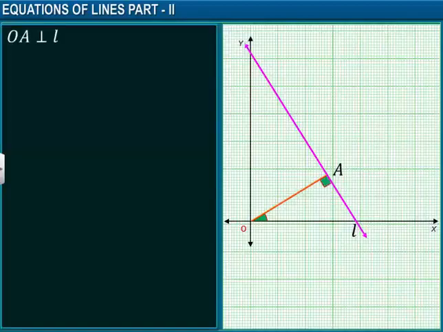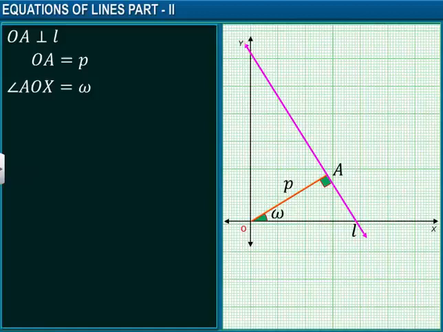Let the perpendicular distance of line L from the origin, or the length of perpendicular OA, be P. Further, let angle AOX be omega. Thus, omega is the inclination of normal OA. Let us draw a perpendicular AM from point A to the x-axis.